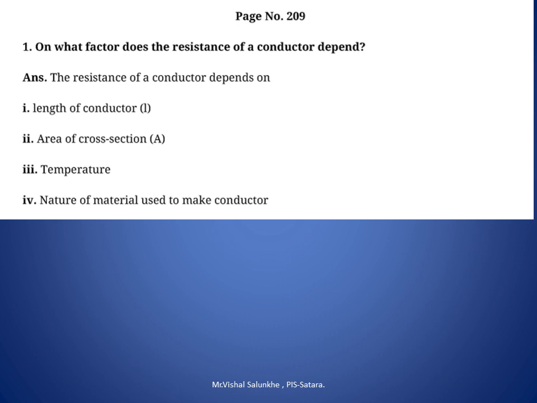So it depends on what material has been used to prepare the conductor. Obviously the nature of the material also affects the resistance. So there are 4 factors on which the resistance of a conductor depends. First, length. Second, area. Third, temperature. And fourth, nature of the material used to make the conductor.